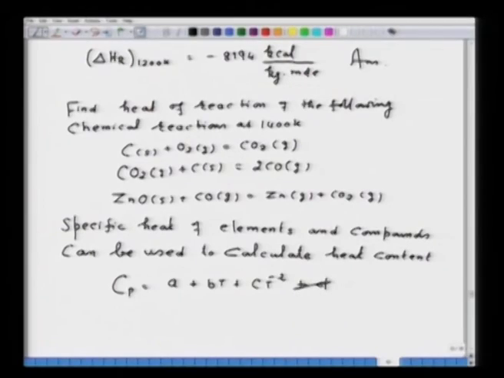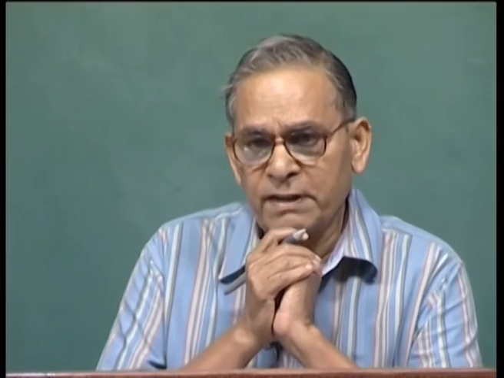So, normally Cp is equal to A plus BT plus CT to the power minus 2 is used for calculation of heat content at any temperature. However, for the sake of convenience, one may take Cp equal to A plus BT also. You must note that the calculated values will not be accurate.